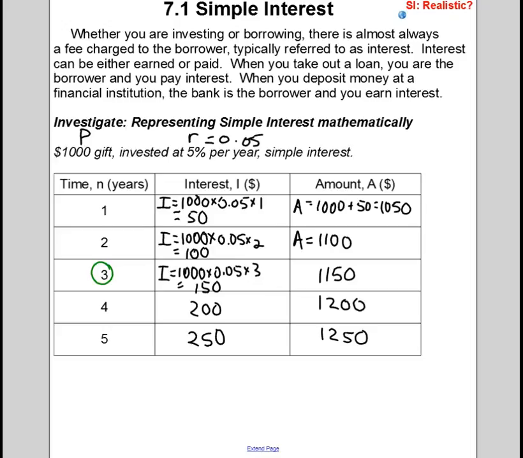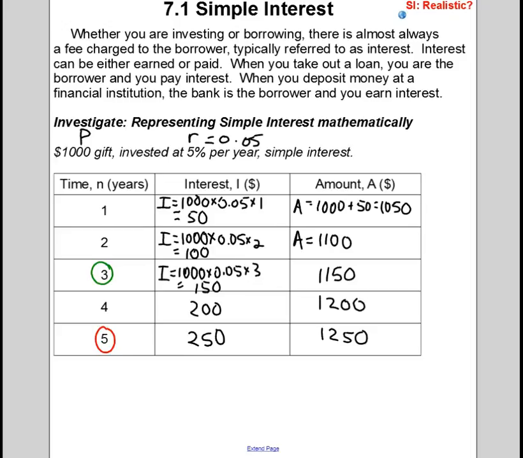Likewise, by the time we get down to the end of the 5 years, we do our calculation, it's as if the first 4 years hadn't, nothing had happened, and the interest was just calculated once based on five years elapsed time. So there's no compounding, there's no adding the interest back in and changing the principal amount.